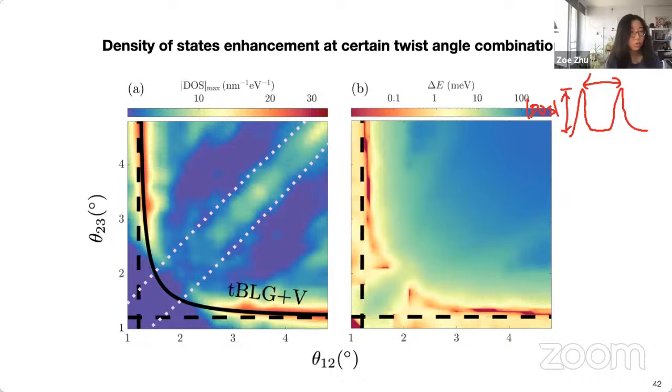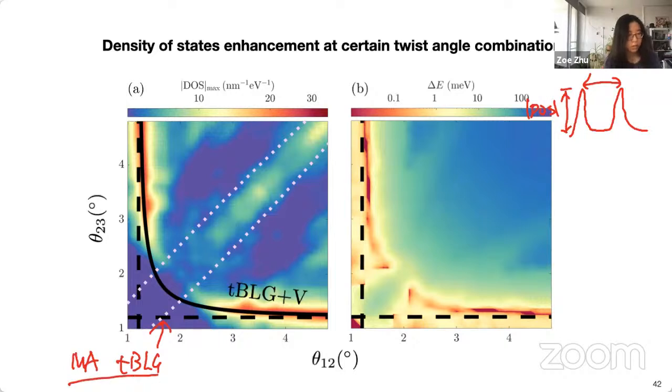And what you would probably notice at first sight is that the most prominent feature is a density of states enhancement with asymptotic behavior approaching this dashed line, which also corresponds to the reduction of the separation between the two Van Hove singularity peaks. And this dashed line is actually the magic angle of TBLG.